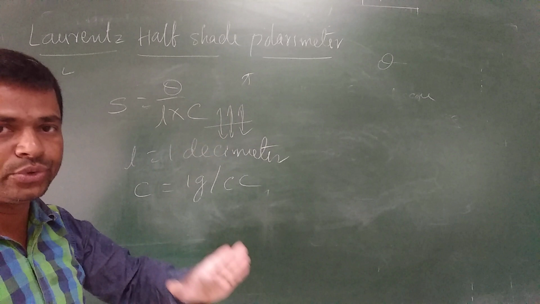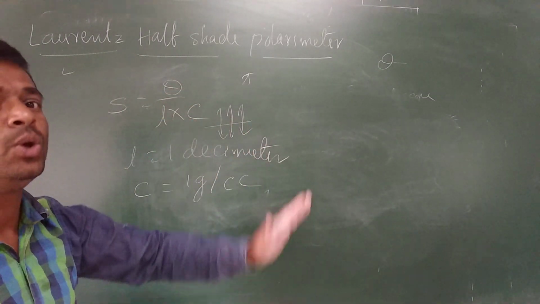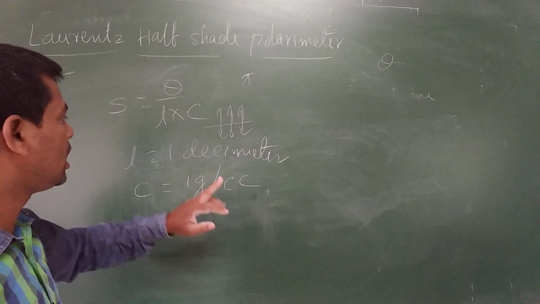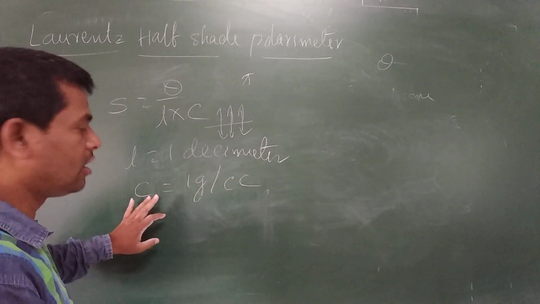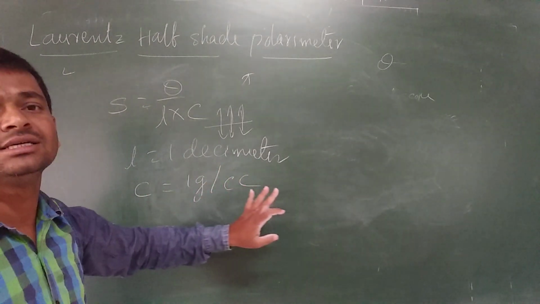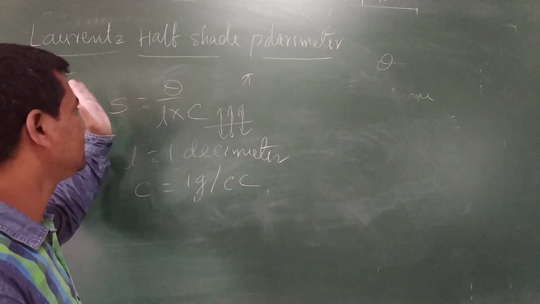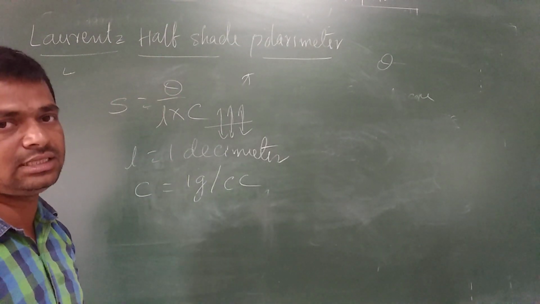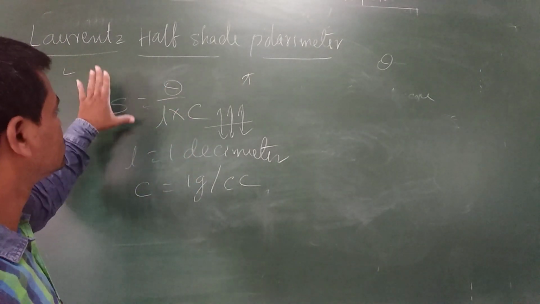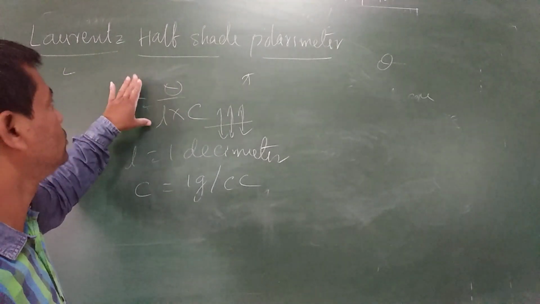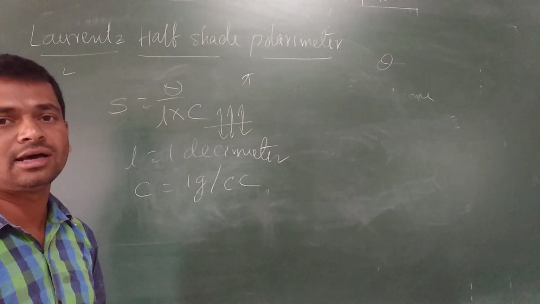The rotation produced by the solution when vibrations are rotated through 1 decimeter of a 1 gram per cubic centimeter solution is called specific rotation. S equals theta by LC. So this is the formula. And this formula can be used for the Laurent's half-shade polarimeter.